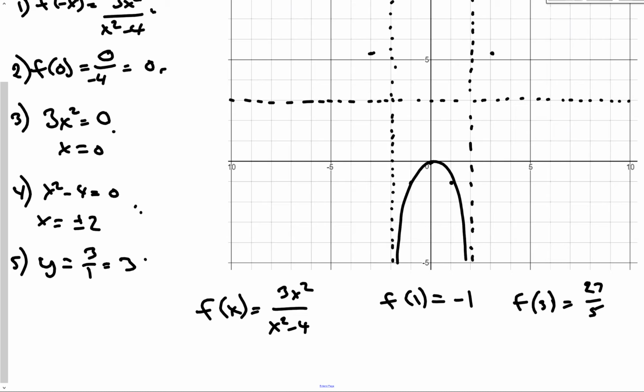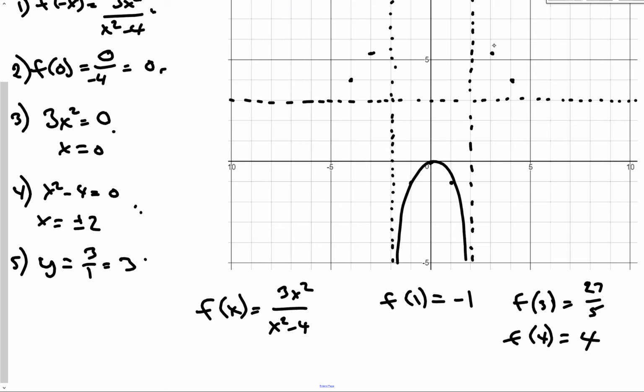Well, that's not enough information, so I'm going to need probably one more point, f of 4. Plug that in. That's 16 times 3 divided by 16 minus 4, which is going to be 4. So at 4, this function is equal to 4. Now if I use what I know, that as this function goes to the right, it's going to get closer and closer to 3, and as it gets closer to the vertical asymptote, it's going to go either straight up or straight down.